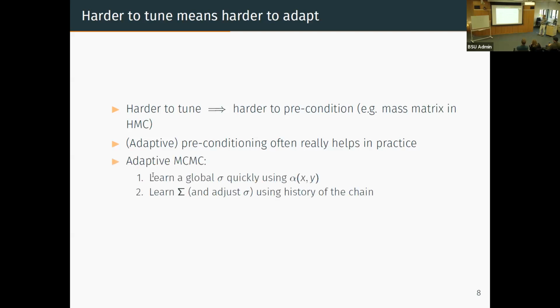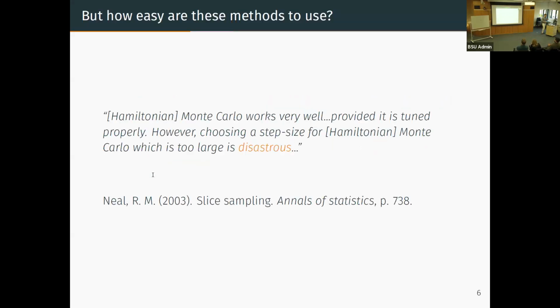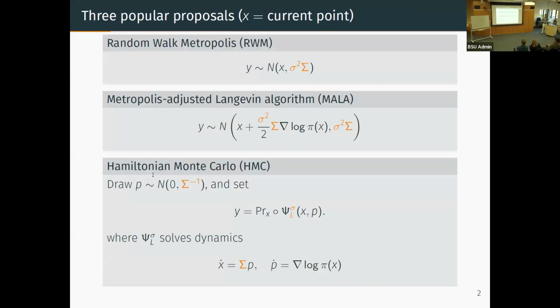Just to solidify what I'm talking about, if you look at the way I set up the algorithms here, the free parameter in the random walk Metropolis is the covariance matrix of the proposal. I've deliberately over-parameterized it as some notion of global scale, and then some matrix here, which takes into account the shape of the distribution.